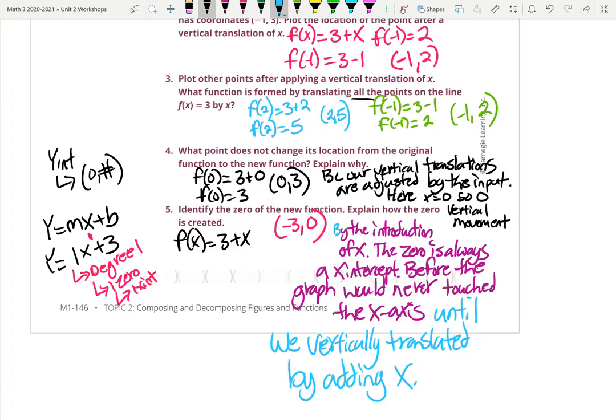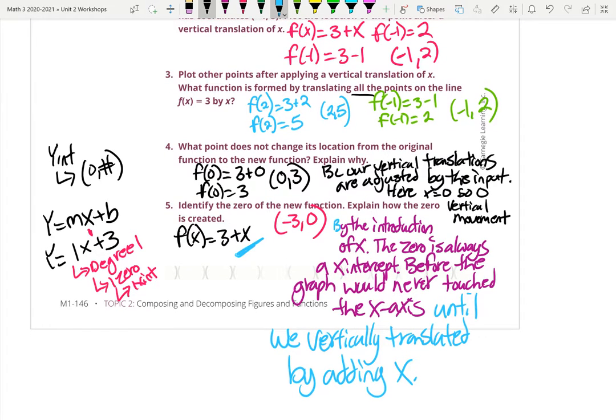Pause it. Rewrite that. Notice what happened. By introducing this x, we took a line that was completely horizontal, and we're vertically changing it by a rate. It will be 1, it will be 2, it will be -1, it will be -2, and it ends up making it look like a positive slope.